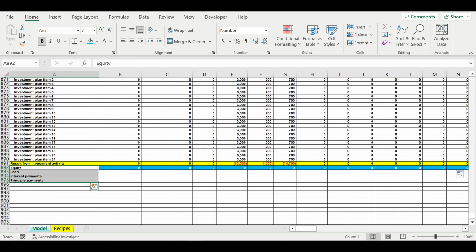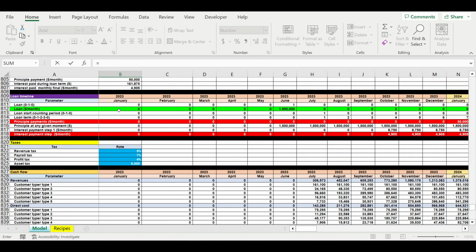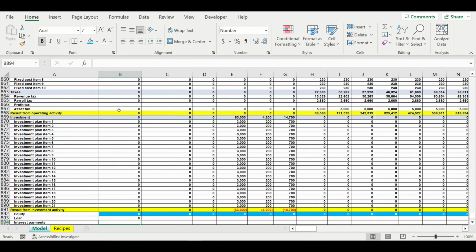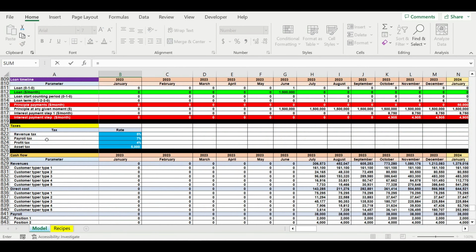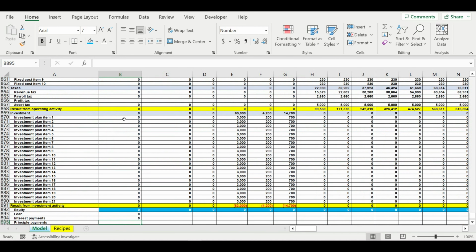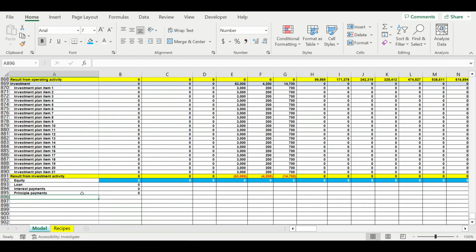Then we are picking the inflow of the loan when we get it. Then we are picking interest payments, principal payment, and here we have the third, the most important line in the cash flow statement, the result from financing activity.